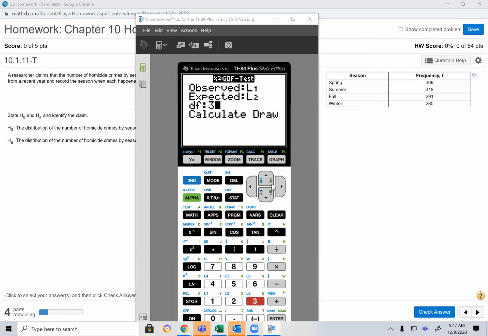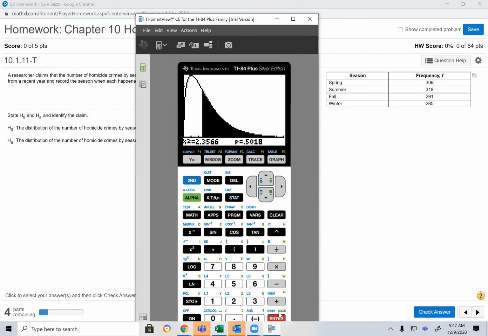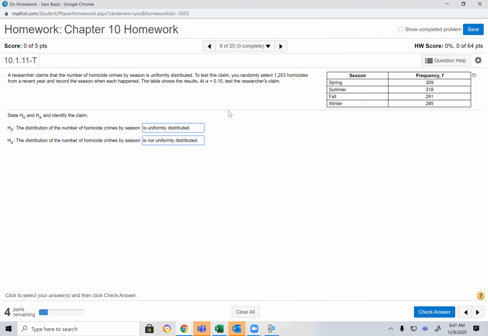All right, and then let's do a draw if you like. Okay, here's chi-square. Here's the test statistic, 2.356. And the p-value is 0.5018.